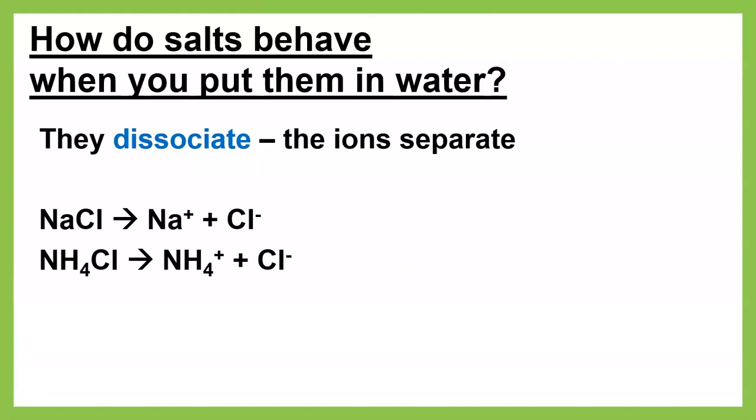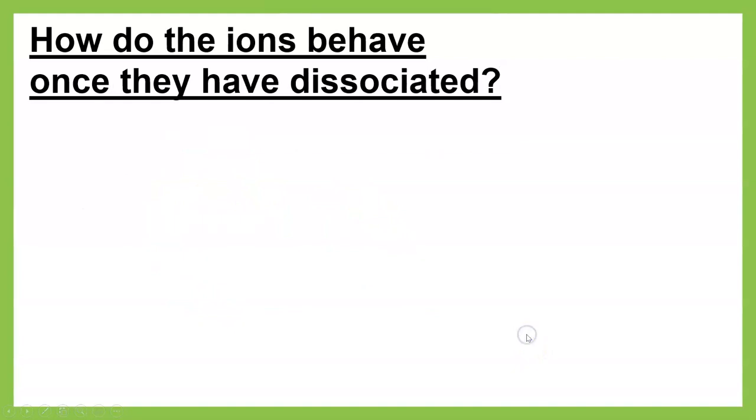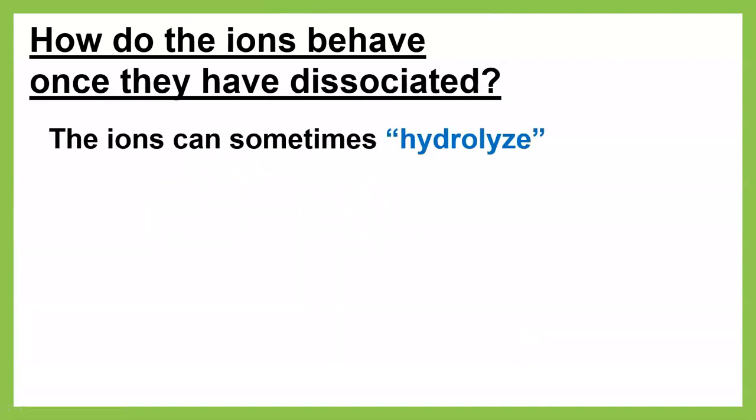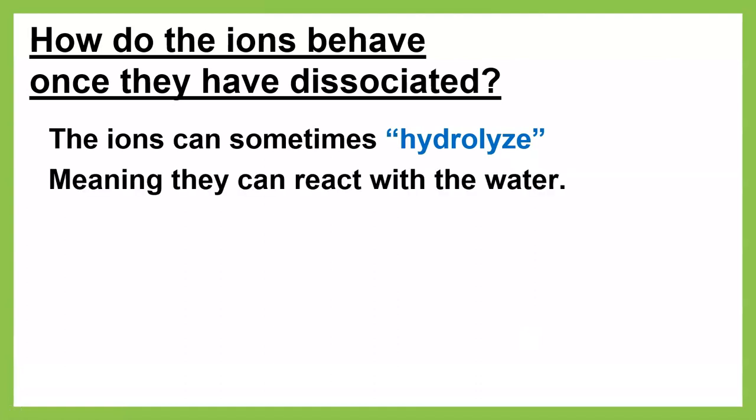Maybe we do something like a net ionic or something. But we now have to take this a step further, and think about what happens when these ions start interacting with water. Sometimes they're going to do what's called hydrolyze. Hydrolyzing means they can react with water and another reaction occurs.